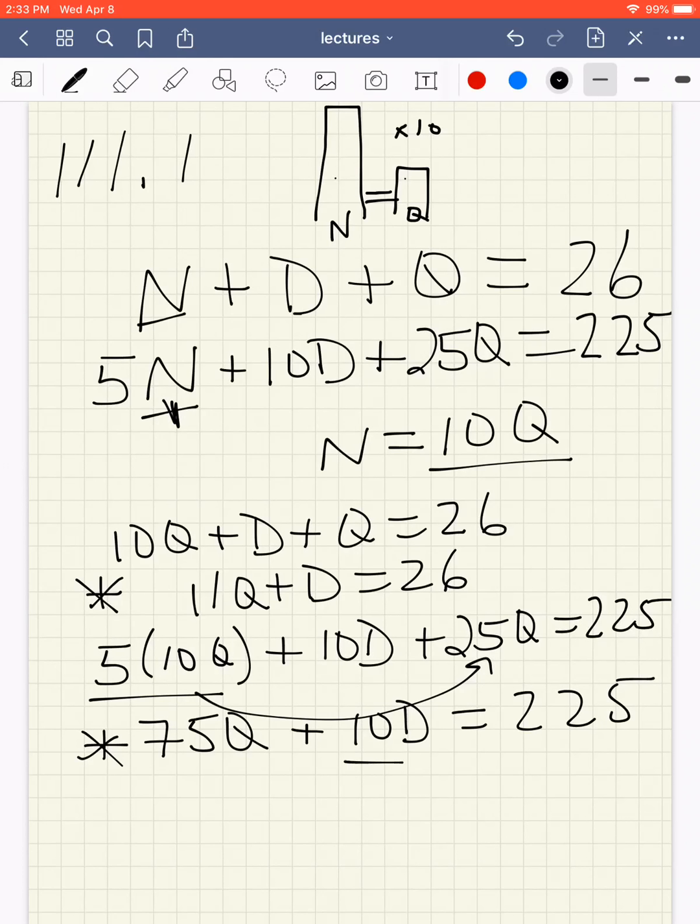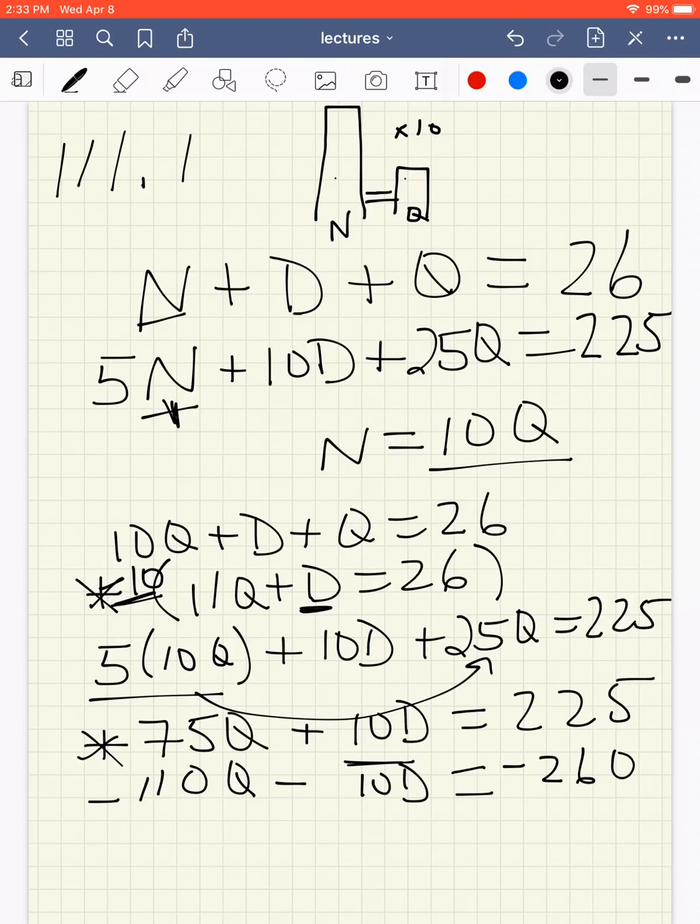Well, we have a 10D here, and we have a 1D here. So if we multiply this equation by a negative 10, then the D's will drop out. So negative 10 times 11 would be negative 110Q minus 10D equals, don't forget to multiply the negative 10 times 26, which would be negative 260.